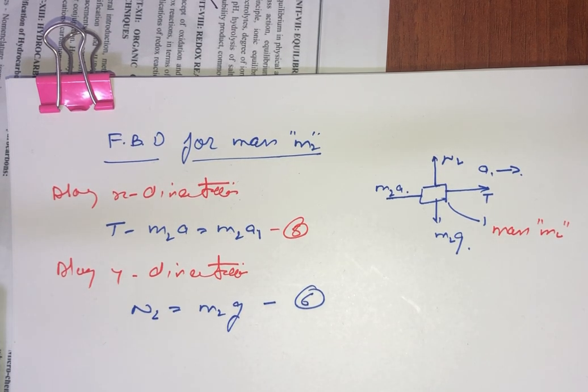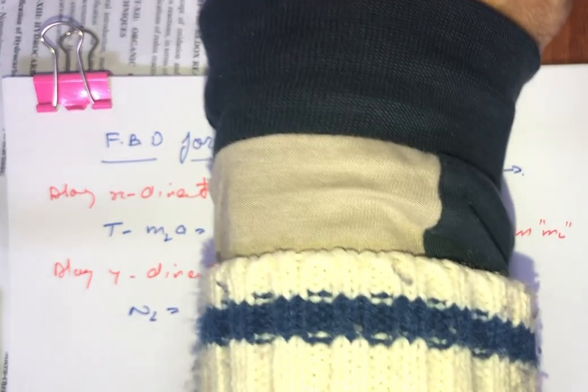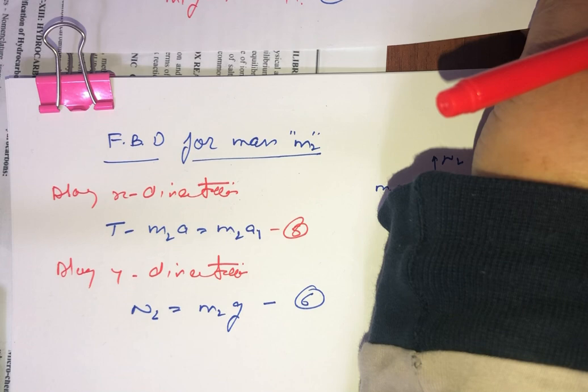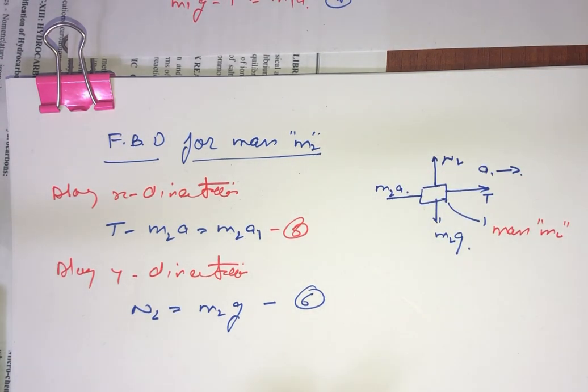So first of all, we are going to use equation 1 and equation 4, and we can simply get the value of T.